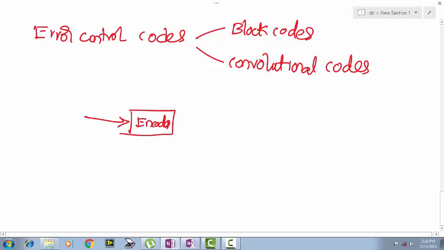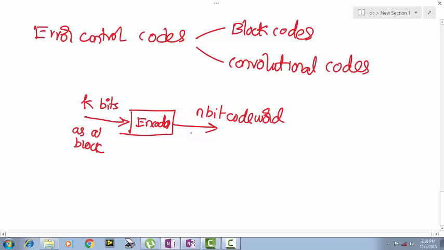So the encoder accepts k bits as a block and produces an n bit code word, and as we said, these linear block codes are systematic in the sense the k message bits appear as they were in the output.